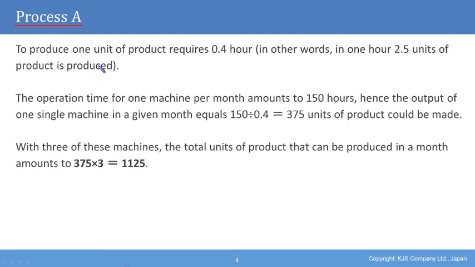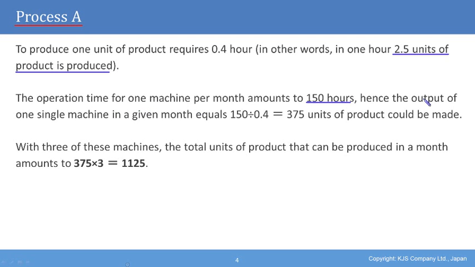To produce 1 unit of product requires 0.4 hours. In other words, in 1 hour, 2.5 units of product is produced. The operation time for 1 machine per month amounts to 150 hours.